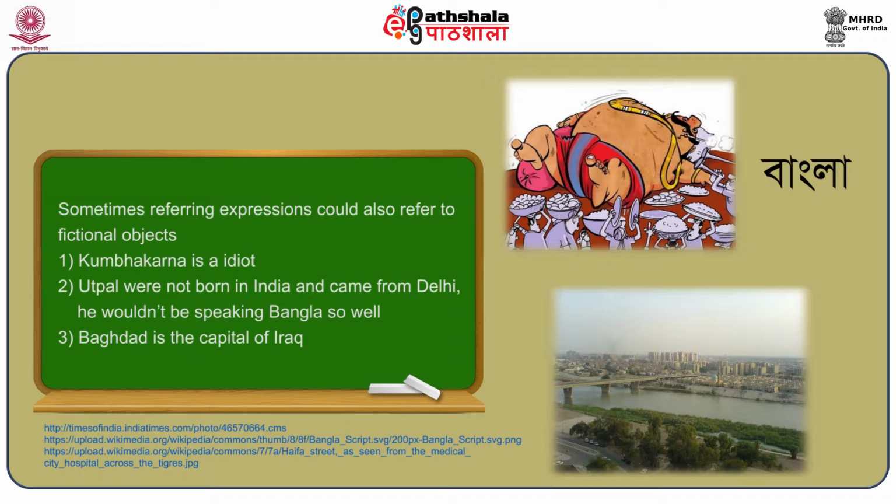So, consider the sentence, Baghdad is the capital of Iraq. Now, Baghdad is a city that dates to ancient times, has been destroyed several times in history, and so clearly is not the same physical object over the entire course of its history.